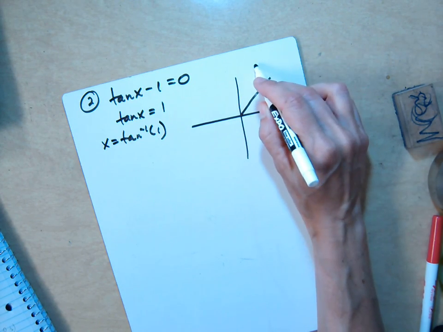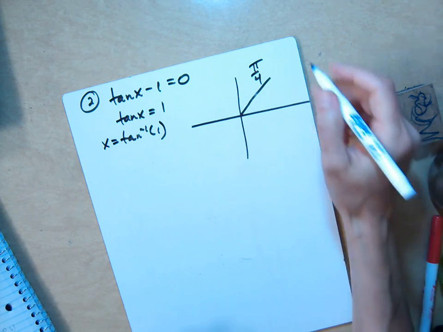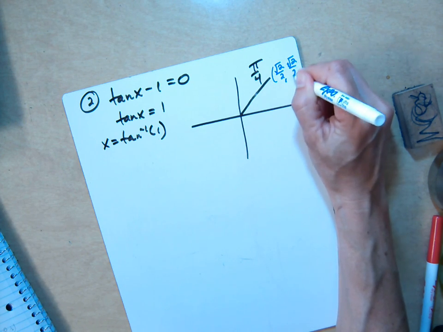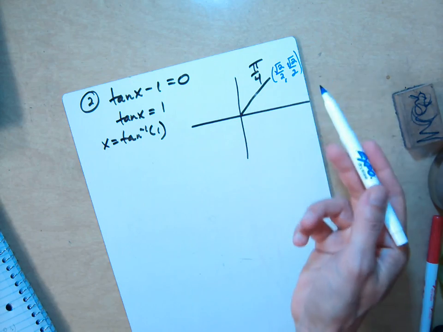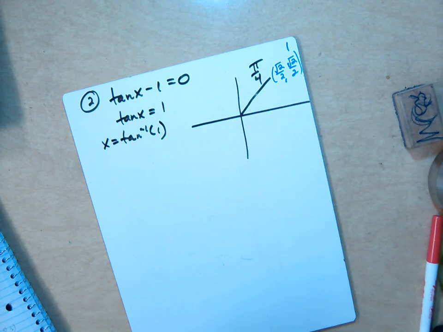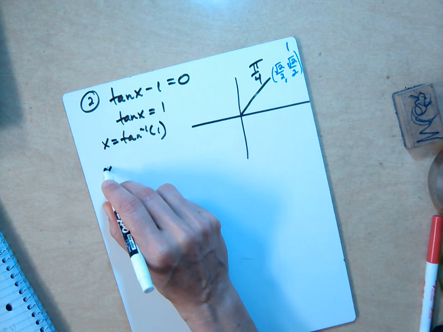It happens at pi over 4. Why? Because you do need to memorize quadrant 1, and the coordinates here are root 2 over 2, root 2 over 2. So when you divide sine over cosine, you get 1. And so the tangent's 1 at pi over 4. So that's the beginning of the answer.